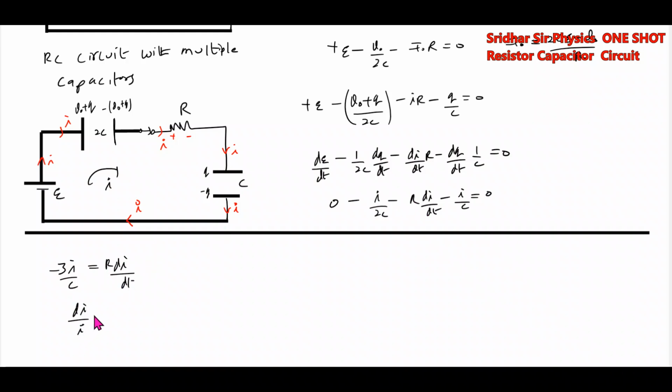Or di by I is equal to dt by RC, negative sign let it be here. At t equals 0, what is the current? I naught. At any instant of time, let it be I. Integrating, this will become log of I by I naught equal to minus 3t by RC. This is the expression for current.